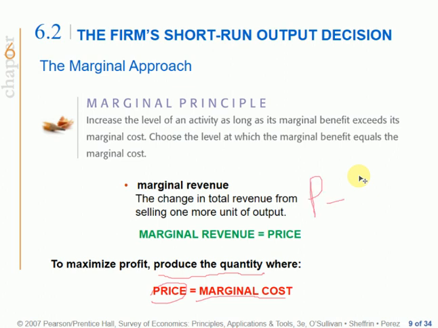P equal to marginal cost. The firm will produce the quantity Q star where the market price is equal to the marginal cost. I'll give you an example.